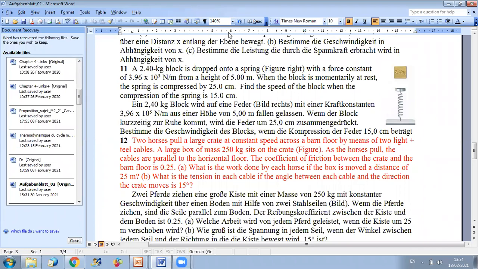Okay, so let us see in detail what do we know. So first, at the initial state, the block is at rest and is at a certain elevation. The elevation of the block is 0.5 meter.